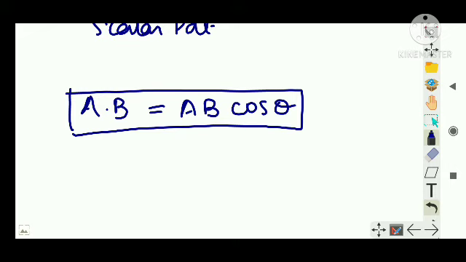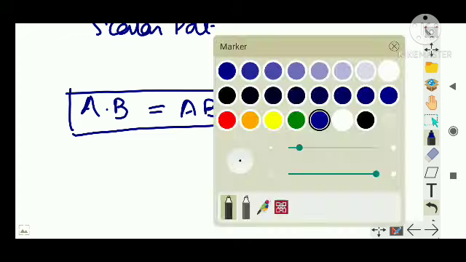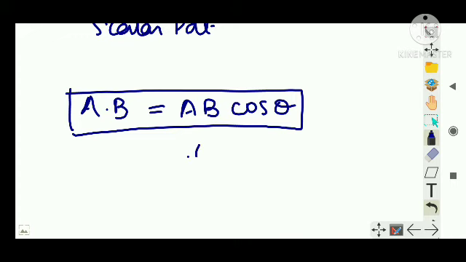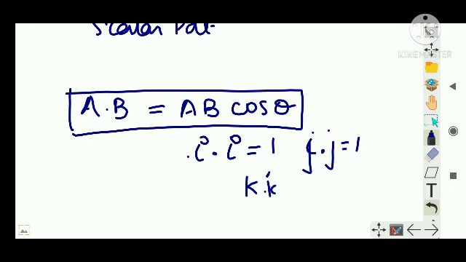Not a big deal. And I talked about i, j, k, which are unit vectors along the x, y, z axes. I told you i dot i is 1, j dot j is 1, and similarly k dot k is 1. These are all caps, okay?